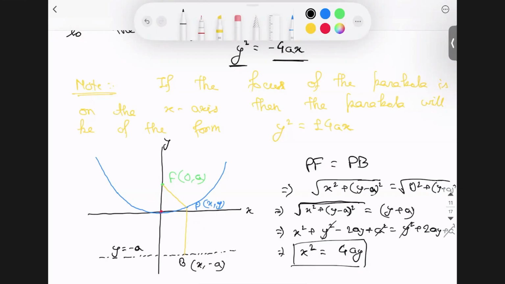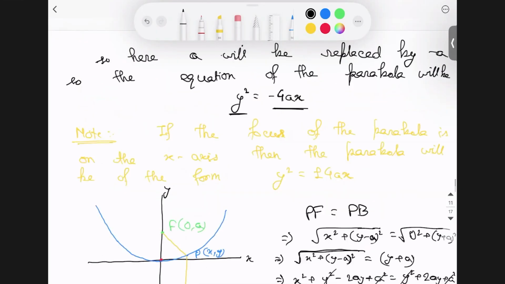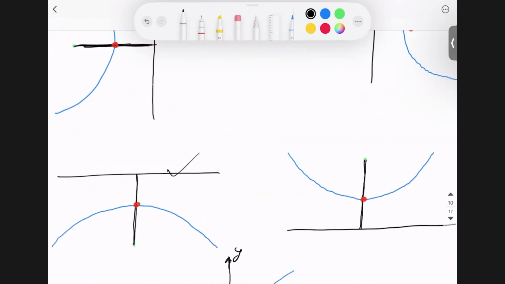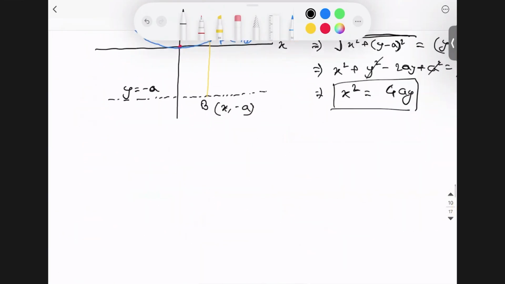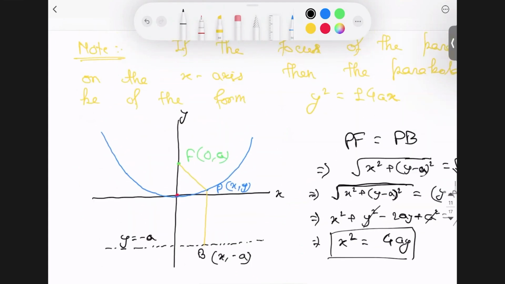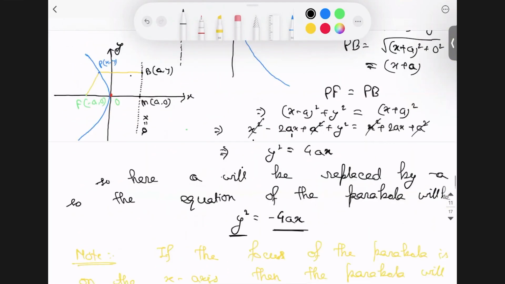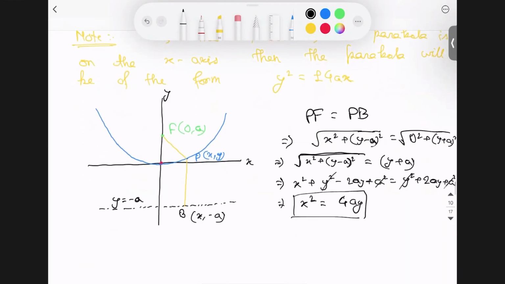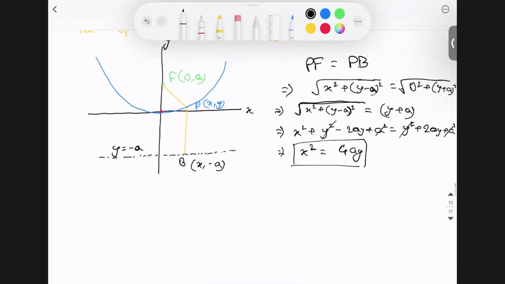And if that is so, we are left with only one diagram, that is this case, right? Okay. So in that case, what will be the equation? You can try it yourself, because I have discussed this case for the others here. You just need to replace a by minus a, and only then can you find the equation of the parabola for the other case.